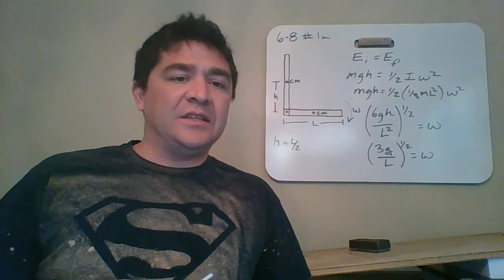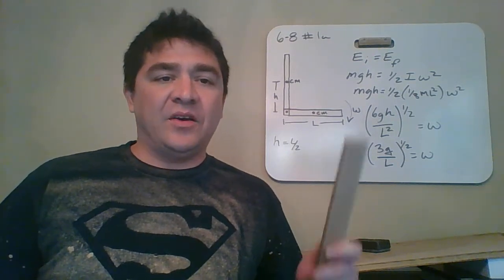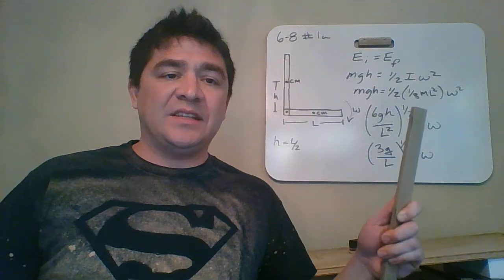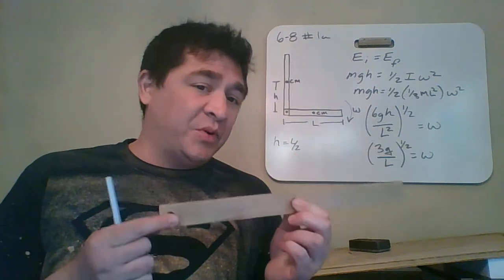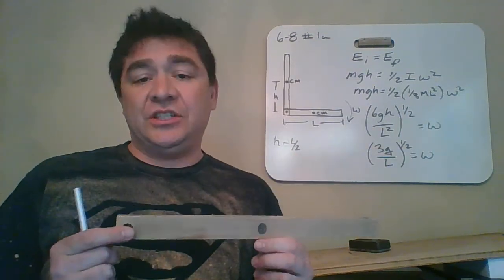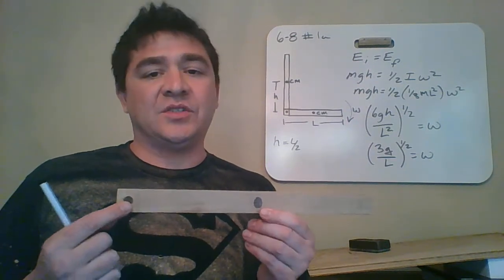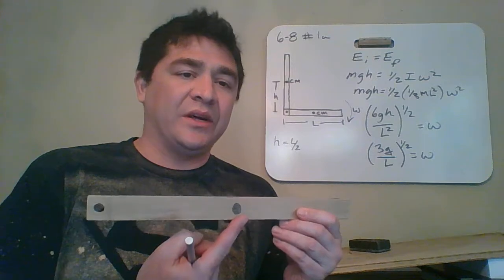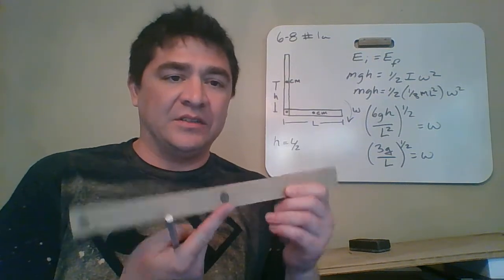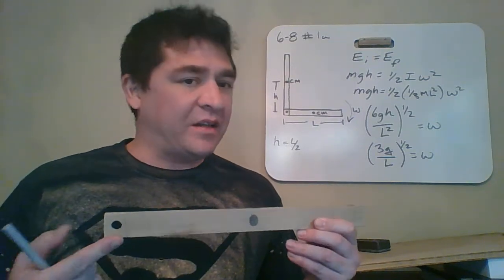Then our final energy is all kinetic, so 1/2 I omega squared, where this is a stick rotating around its endpoint. We can look up on our cheat sheet, or maybe by now you know it is 1/3 ml squared, as opposed to 1/12 ml squared if it were rotating around its center. You can also find that using the parallel axis theorem.